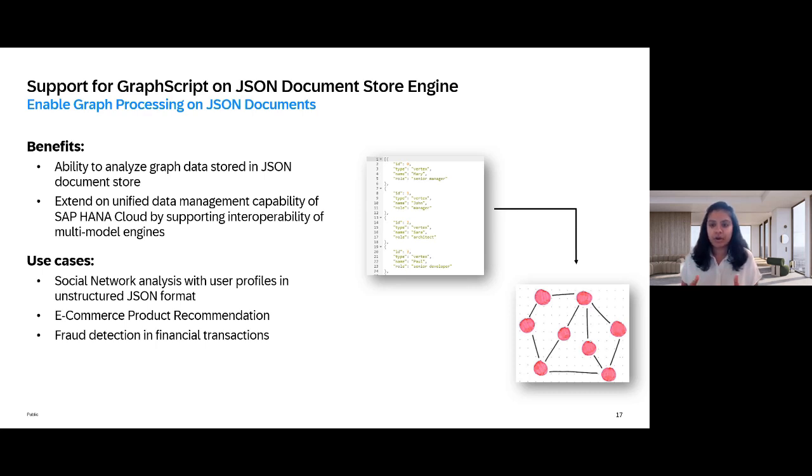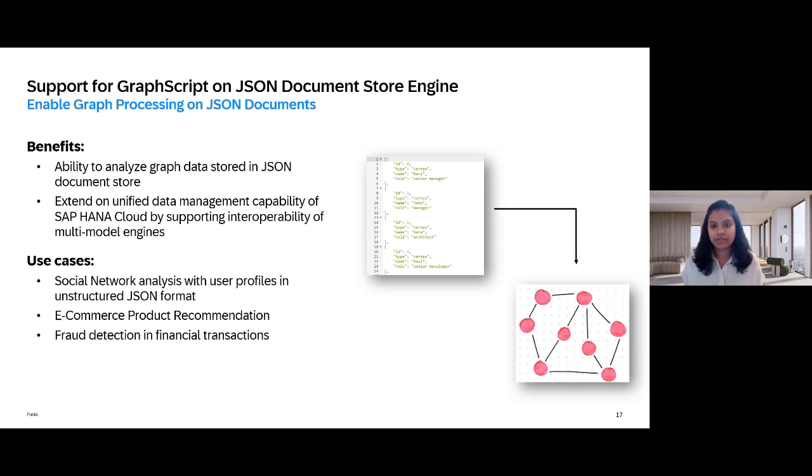You directly perform GraphScript analysis on top of your JSON document itself by defining the graph workspace. And once you have the graph workspace, it becomes much easier to start using the graph functions on top of it. And just talking about the use cases, I have mentioned a few of these already while we have talked about graph analysis in the past.